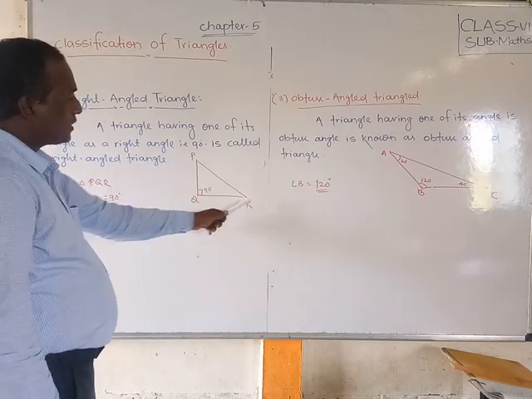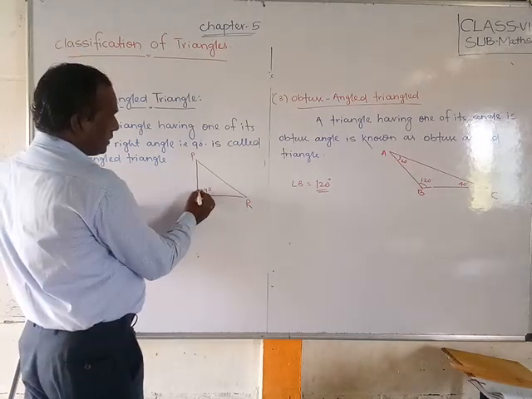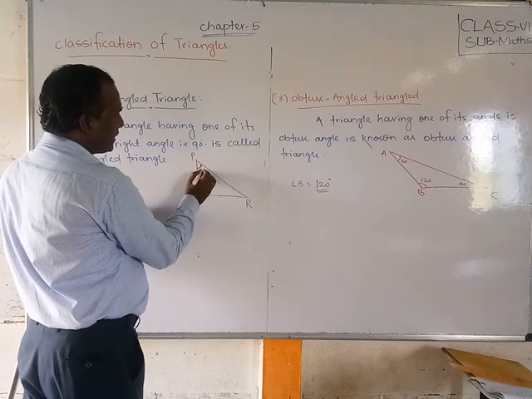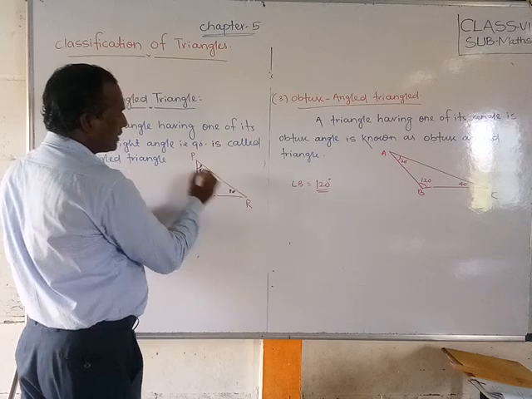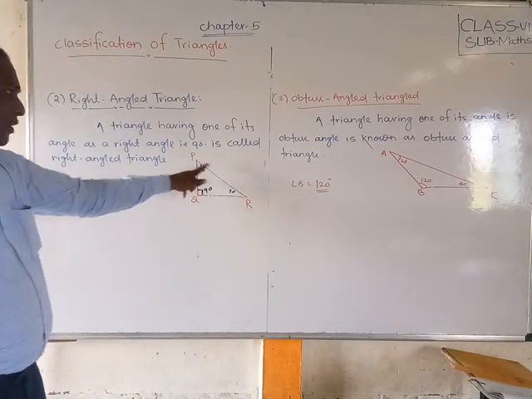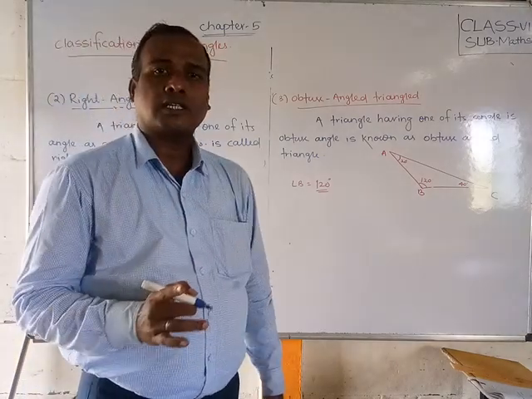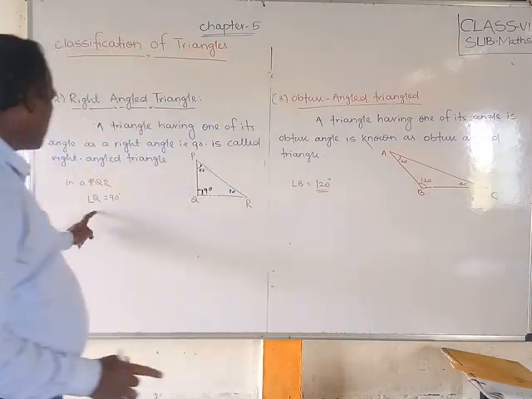For example, PQR is a triangle. This is 90 degrees, one of the angles, and this may be 60 degrees, this is 30 degrees. So one of the three angles is a right angle, or 90 degrees. That is called a right angle triangle. Q is equal to 90 degrees.